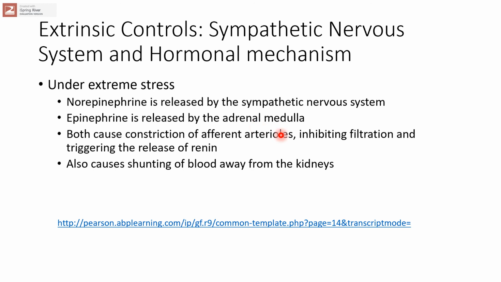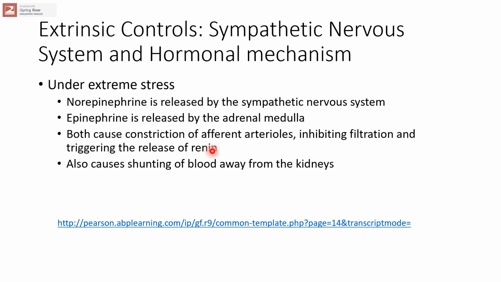Okay, and by inhibiting filtration and constricting the afferent arterioles, they trigger the receptors around the juxtaglomerular apparatus to release renin. Now, if you remember from the previous chapter, renin is released when the blood pressure is low, and they trigger the release of angiotensin, right?